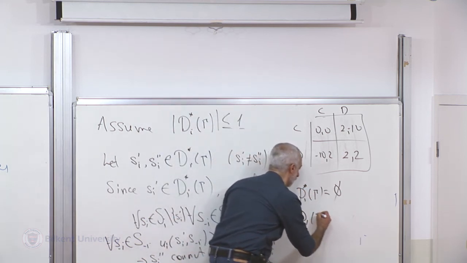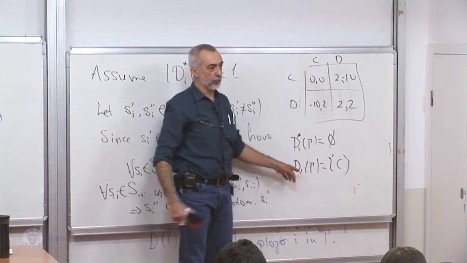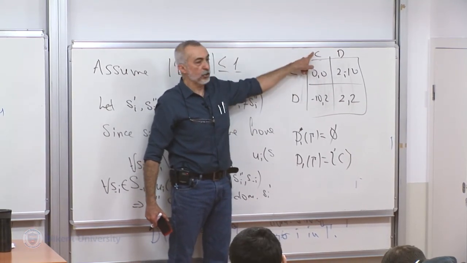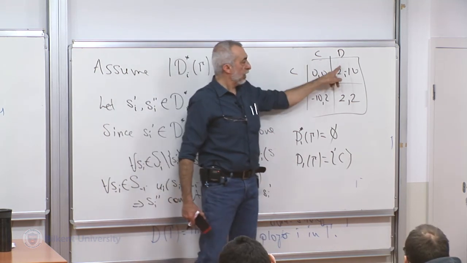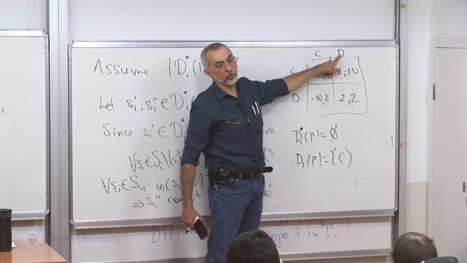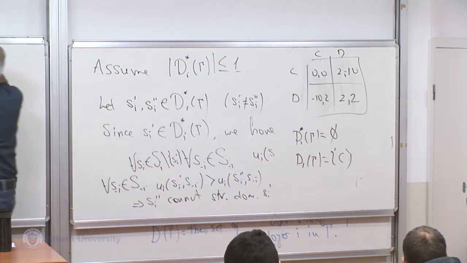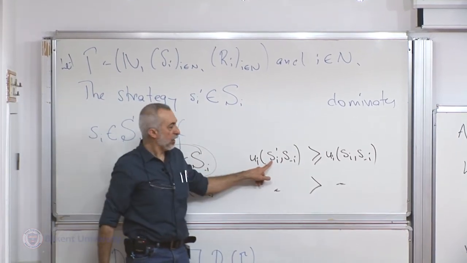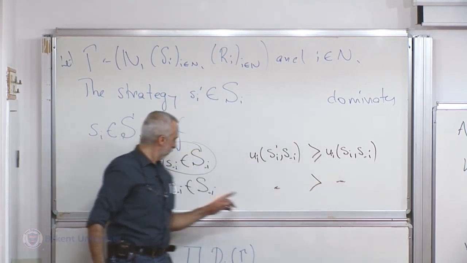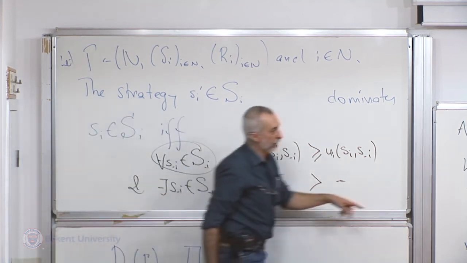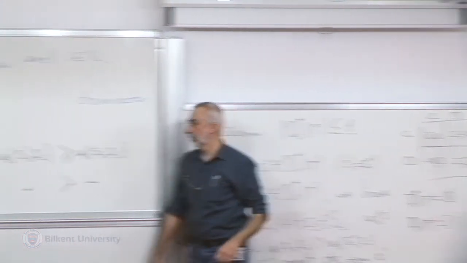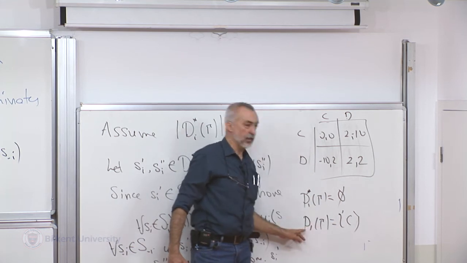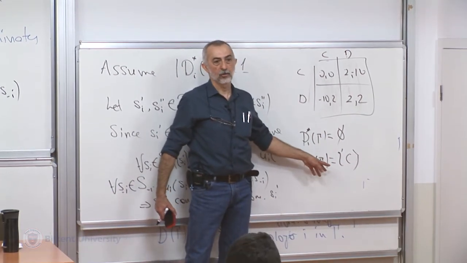But he does have a dominant strategy. C is not worse than D when he knows that his opponent is going to play D. So for every strategy of his opponent, C is at least as good as D. And for at least one strategy of his opponent, that is in this case, when the opponent plays C, playing C is better than playing D. So C is a dominant strategy of player 1.